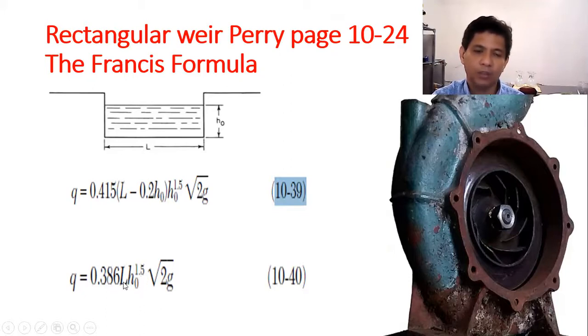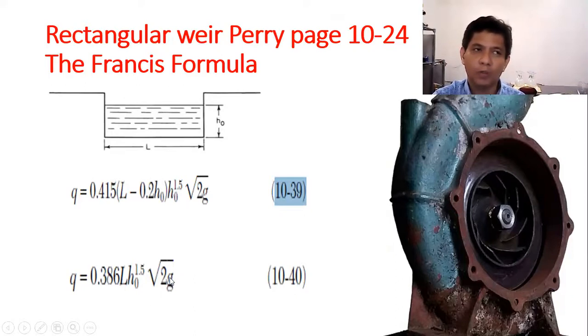The dimension of this currently is 2.5 with respect to, for example, feet or meter: feet to the 2.5 or meter to the 2.5. Then multiply that with the square root of 2g, where g is the acceleration due to gravity. For SI, this is 9.81 meter per second squared.